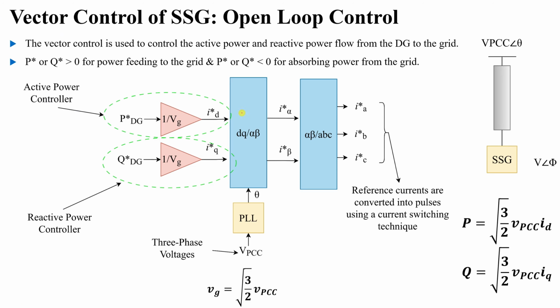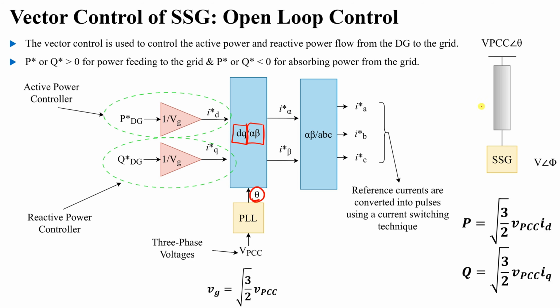By doing an inverse Park transformation, we can convert from DQ to alpha beta, right? From DQ to alpha beta, what angle would you like to use? I will use the angle theta, which is obtained from the phase locked loop, which we will learn about in the next lesson.